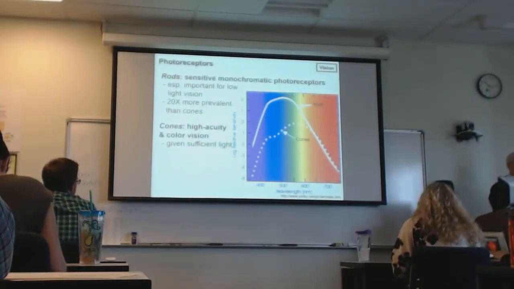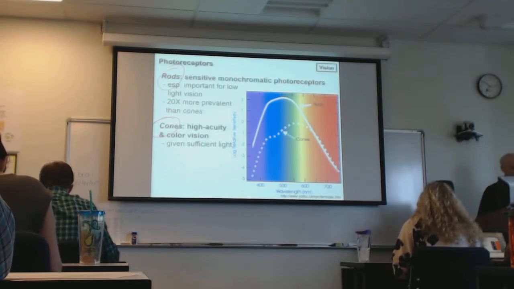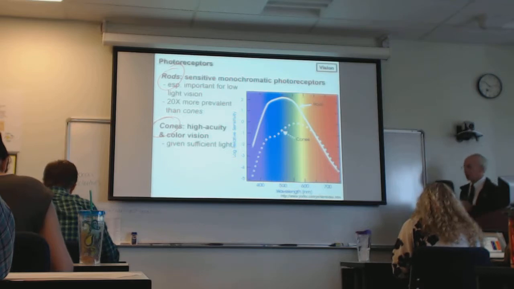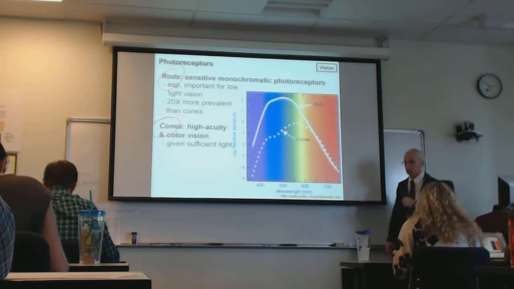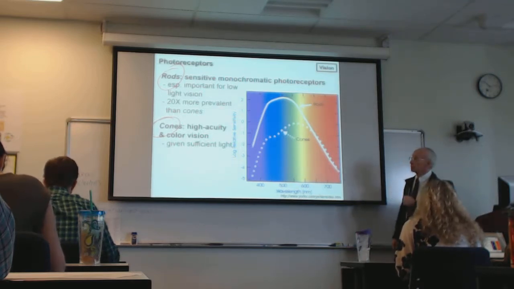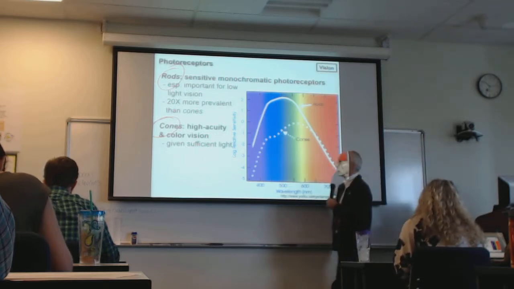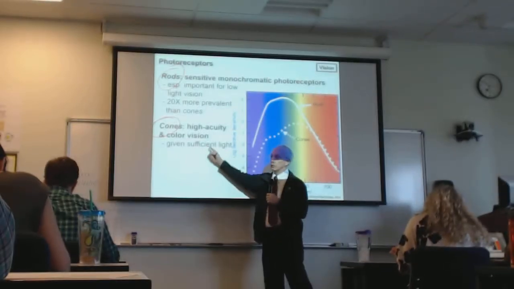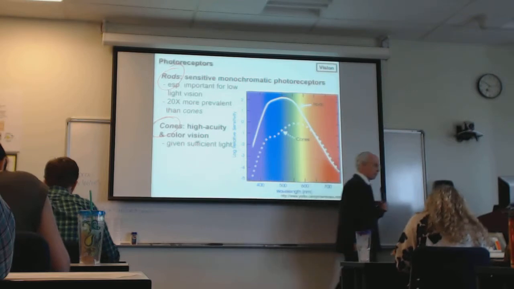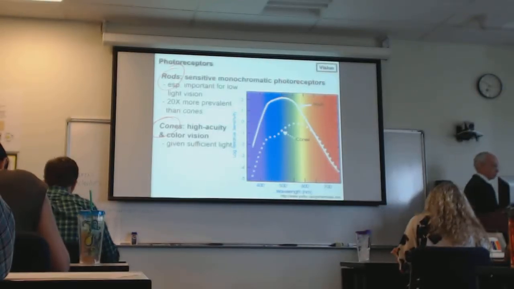The two general classes of photoreceptors are rods and cones. There are many more rods than cones. Rods are monochromatic, which means they're basically just sensitive to light intensity. Cones, on the other hand, are important for color vision and also for high visual discrimination.